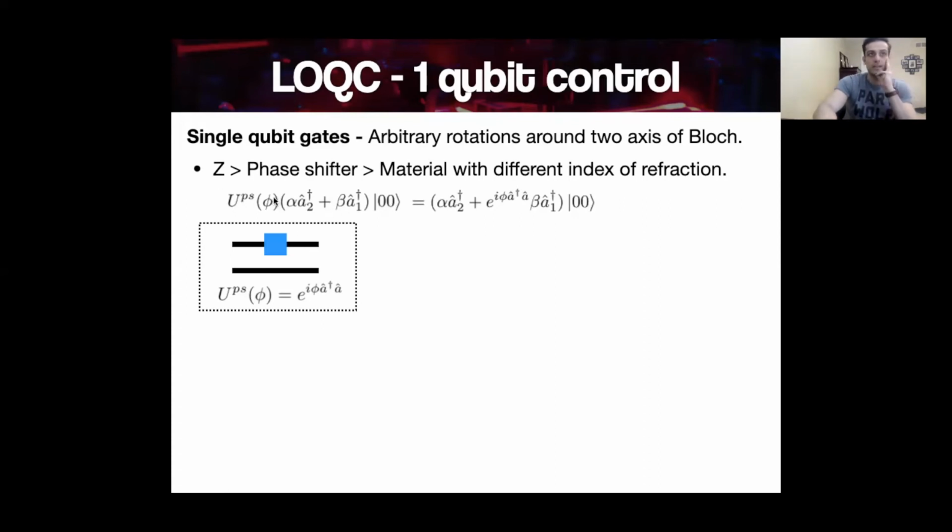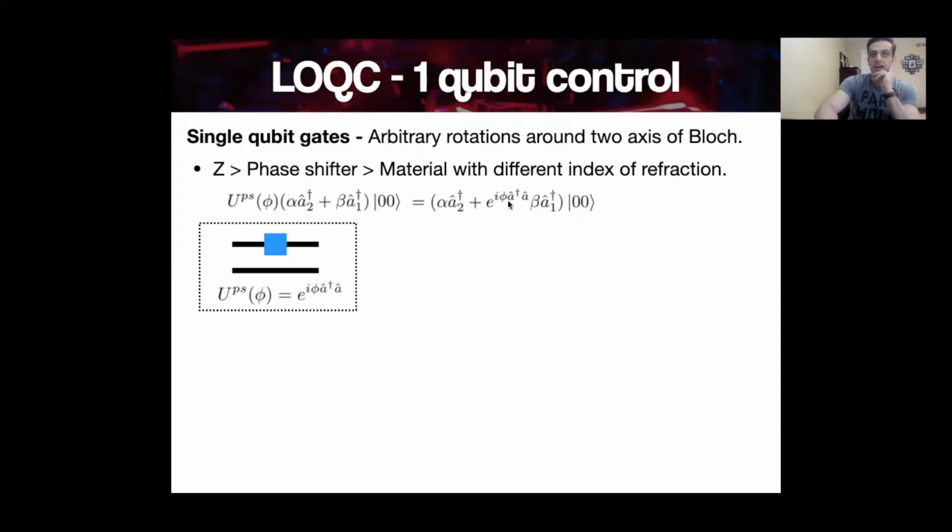We then apply this phase shifter gate. As we know, it's just being applied on the first rail. There is no phase shifter here, so it does nothing to this photon, but it's going to do something to this one here.